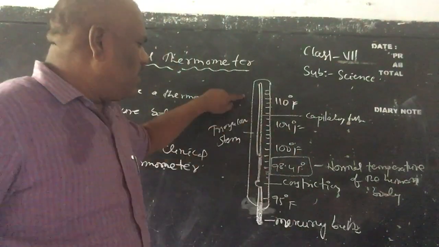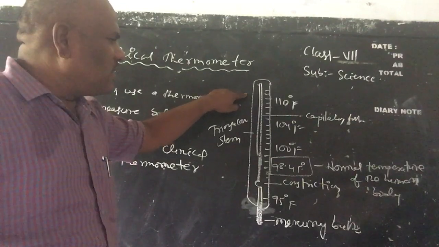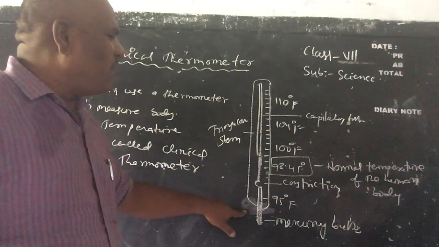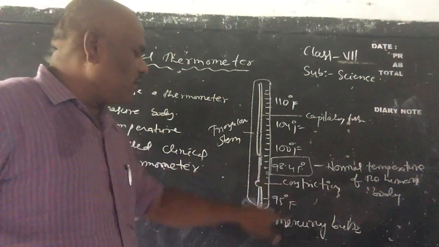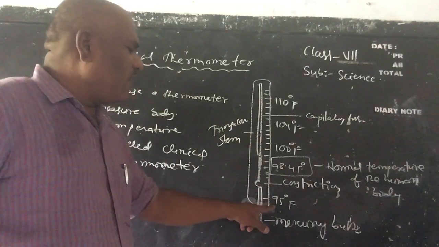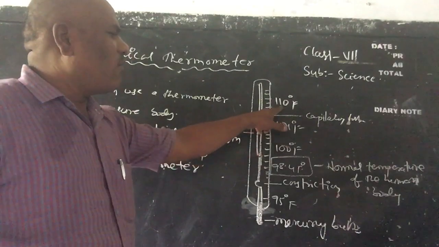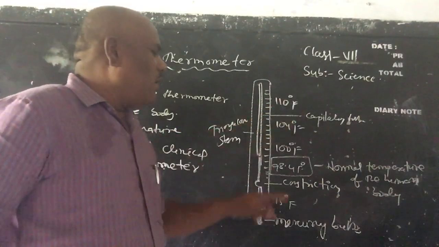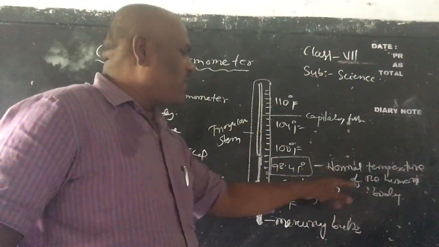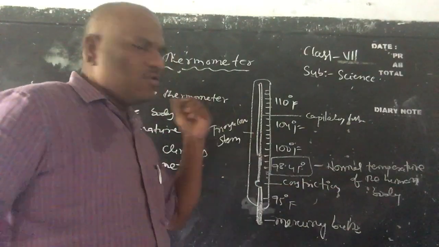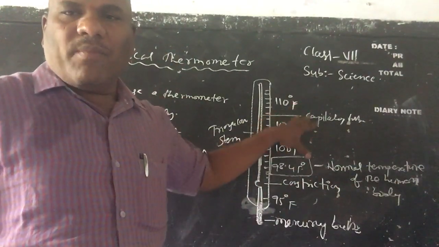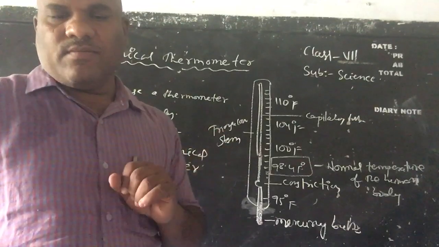Observe here, it is a clinical thermometer. Various parts are written here: constriction, mercury bulb, 95 degrees Fahrenheit, 98 Fahrenheit, 104 Fahrenheit, and 110 Fahrenheit, and capillary tube. And this is the normal temperature of the human body, marked with a triangle. So these are the parts of the clinical thermometer.